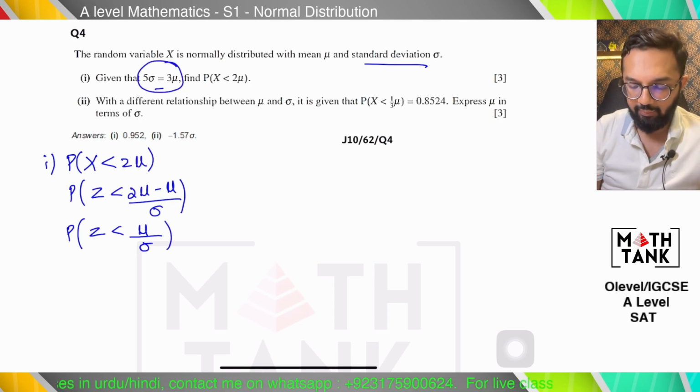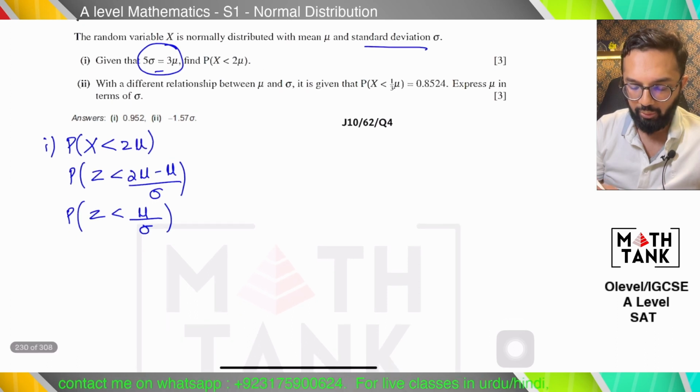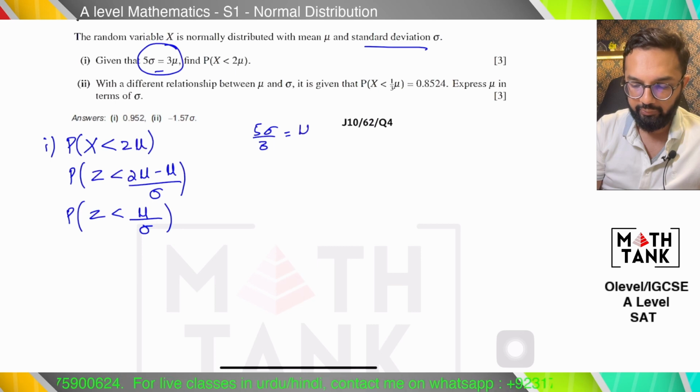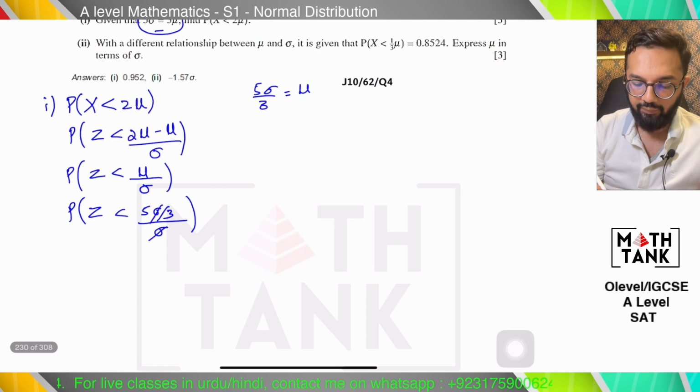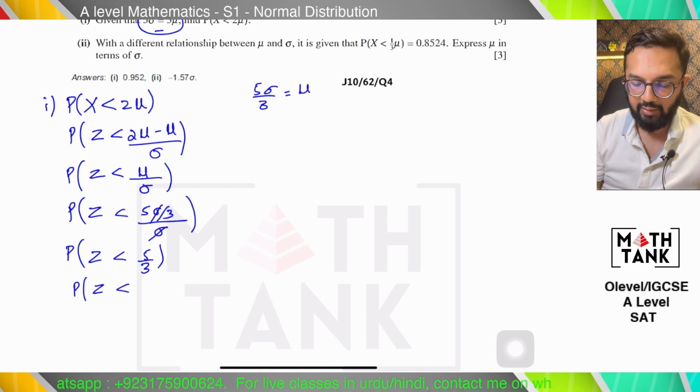I know that 5 sigma equals 3 mu. So mu should equal 5 sigma over 3. So I have 5 sigma over 3 divided by sigma. So sigma and sigma should cancel out. I am left with 5 over 3, which in decimals is 1.667, so z less than 1.667, phi of 1.667.